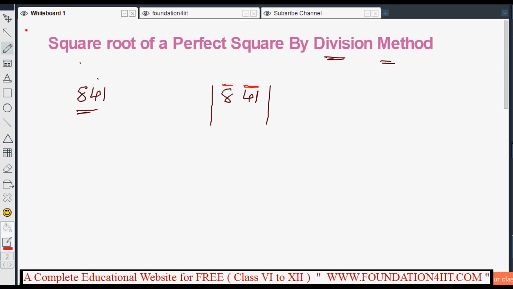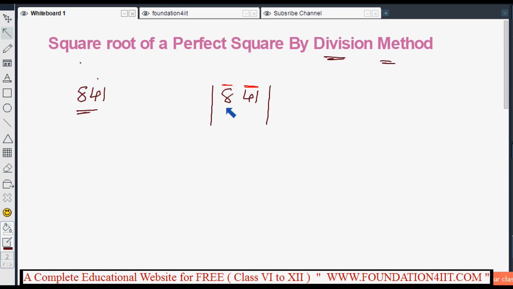Now in every division, the number coming down is the remainder and the right side is the quotient. This is the dividend and the left side is the divisor. The first period is 8.